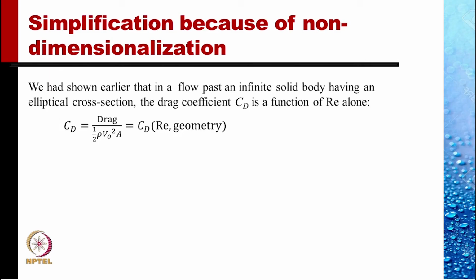And this was a function of Reynolds number and geometry. 1/2 rho V naught square is like the characteristic pressure, and force times the area would give you a force. So drag divided by 1/2 rho V naught square times area. We have to select a characterizing area.